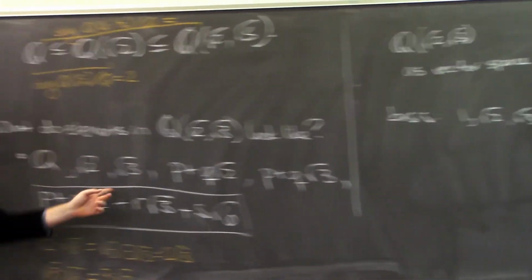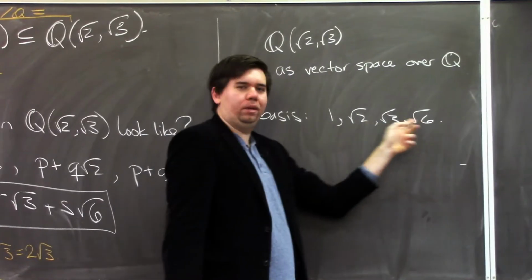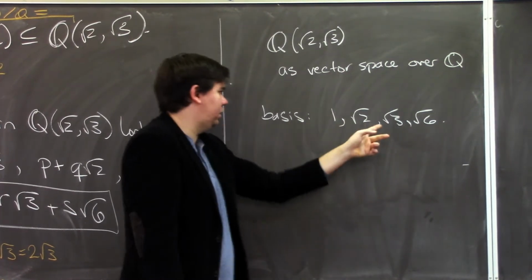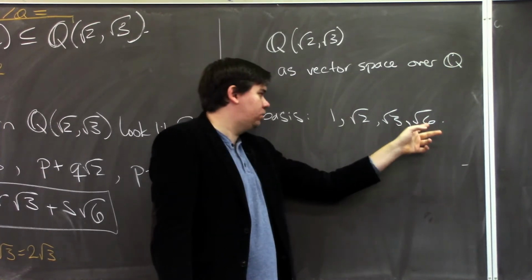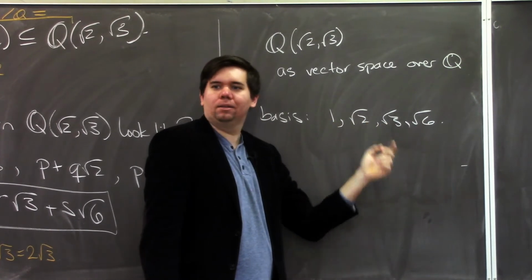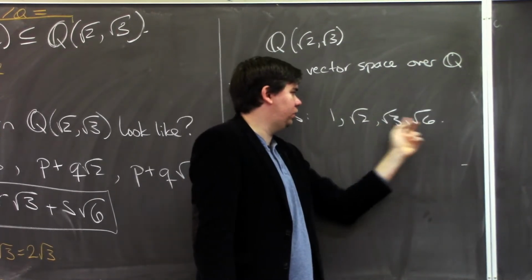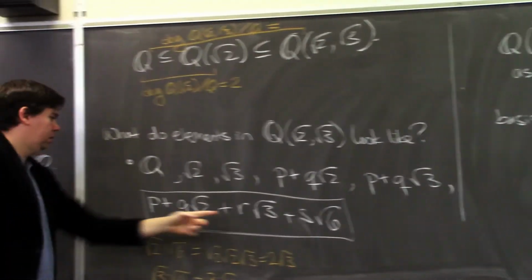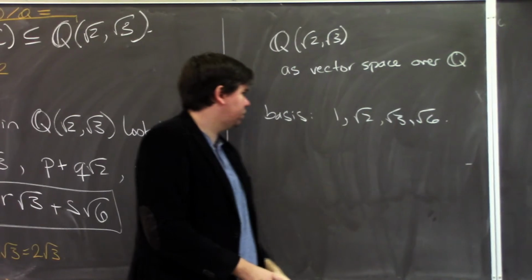Everything is just a linear combination of 1, root 2, root 3, and root 6. And we've argued that they're independent. You can't get root 3 from 1s and root 2s, and you can argue similarly that you can't get root 6 from some combination of these other guys. So they're a linearly independent collection of vectors that give you all elements in your space.